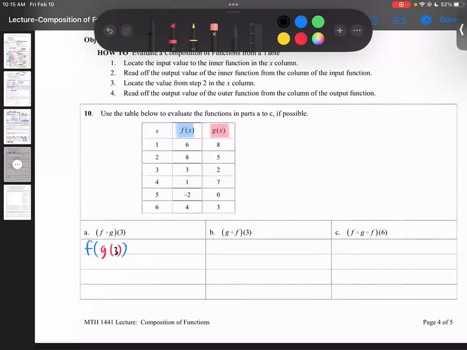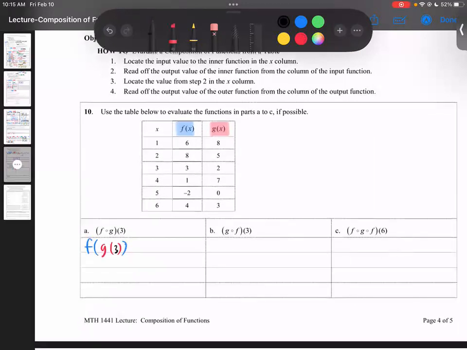And then you always do from inside out. What is g of 3? If you look at the table, 2. And you plug it in there. So instead of g of 3, it's going to be f of 2. And then you look at the table, what's f of 2? 8. Done.